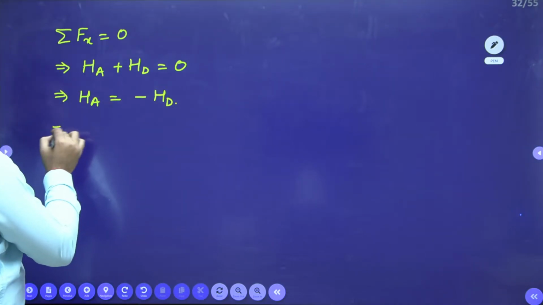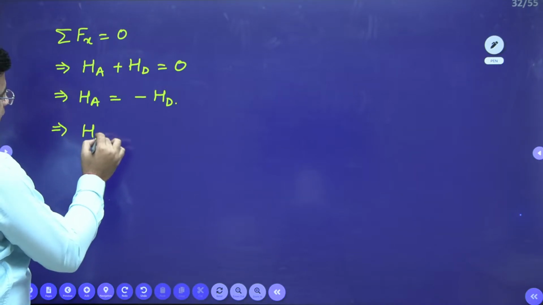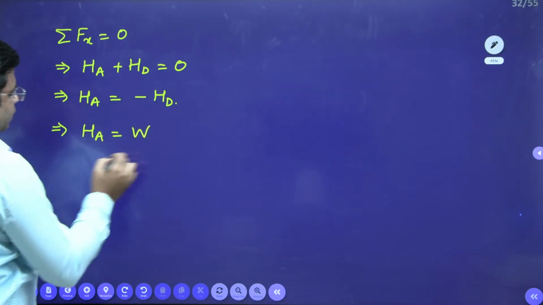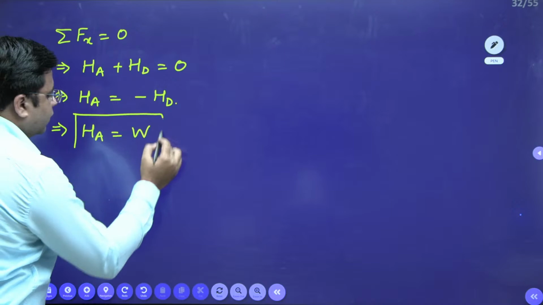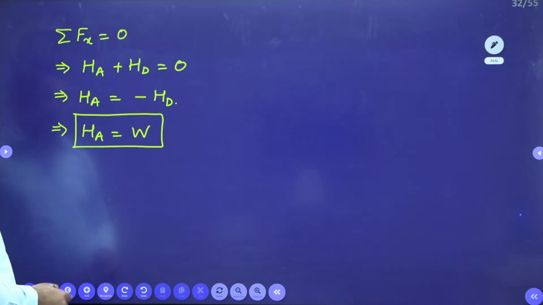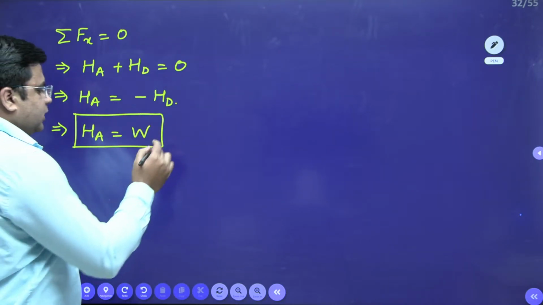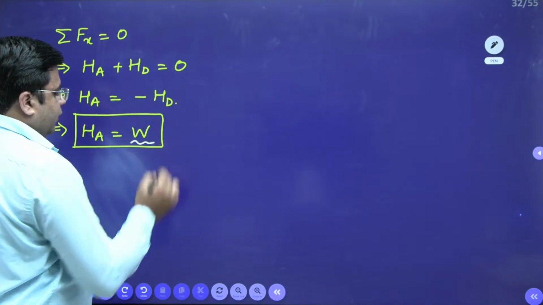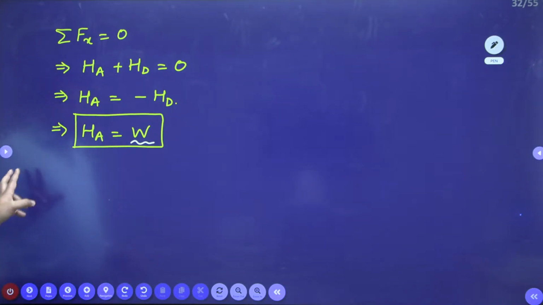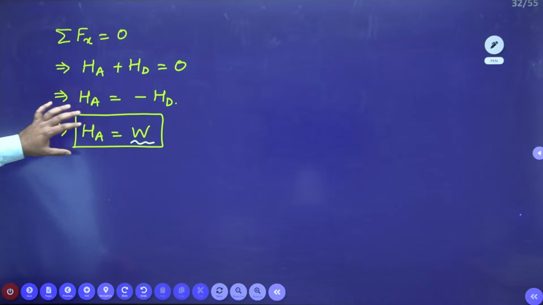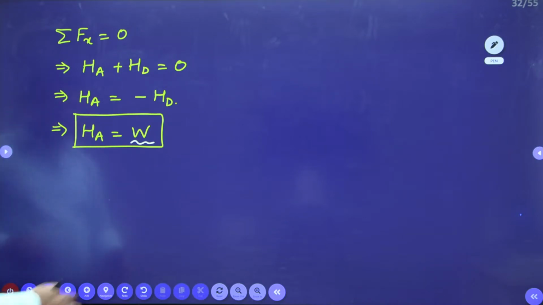So this HA is nothing but equal to W. This HA is equal to W, right? Because HD is minus W. So this is how we can calculate the value of HA. Okay. So this is how we have calculated the support reaction.